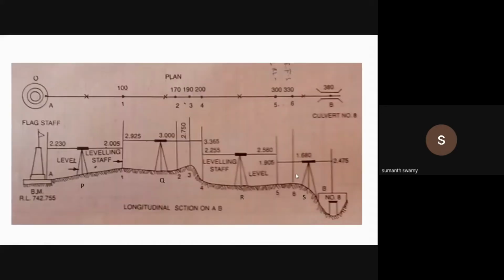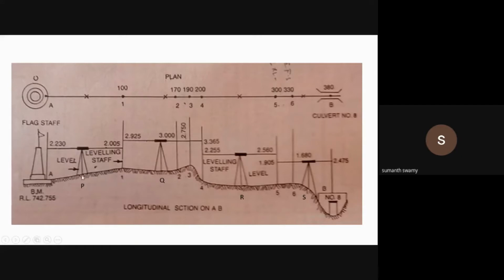I want to explain this using an example. Here you could see a survey example taken between the benchmark point A and a culvert, which is point B. In between them, the leveling is carried out using the rise and fall method. Let me explain that.